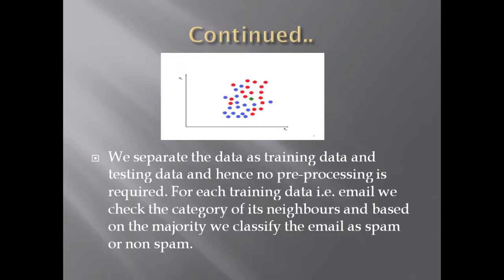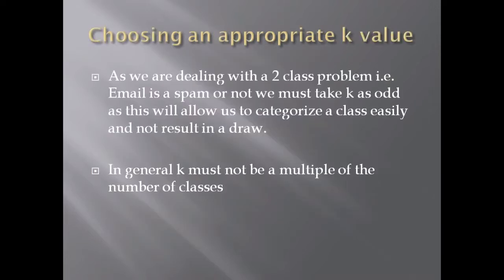In this, for each test email, we check the category of its neighbors, and based on the majority we classify the email as spam or non-spam. This is fairly easy to understand, but let's see what the issues are and how it works.